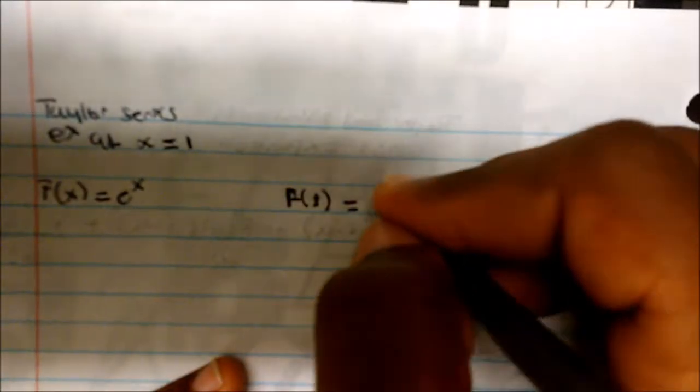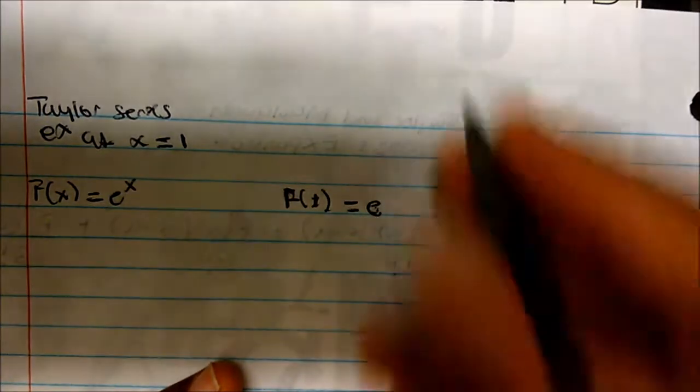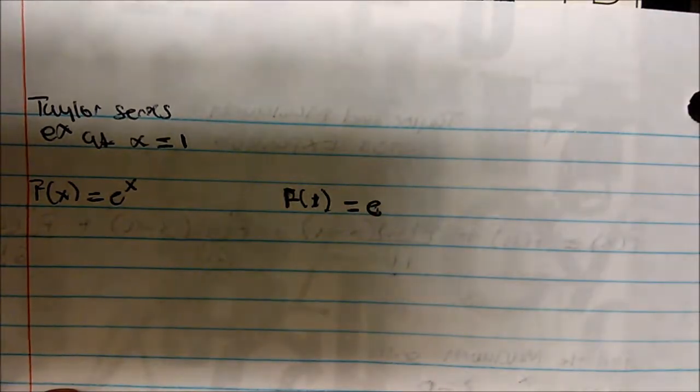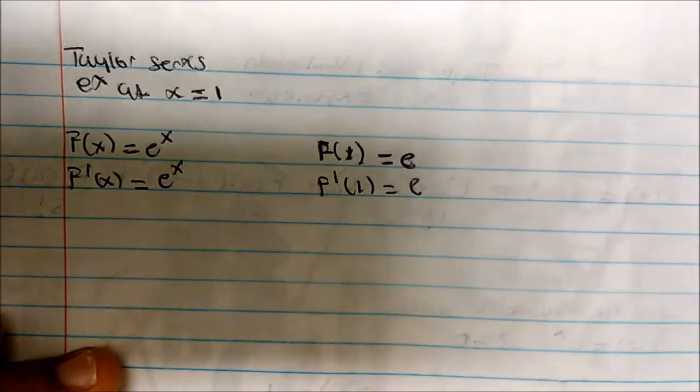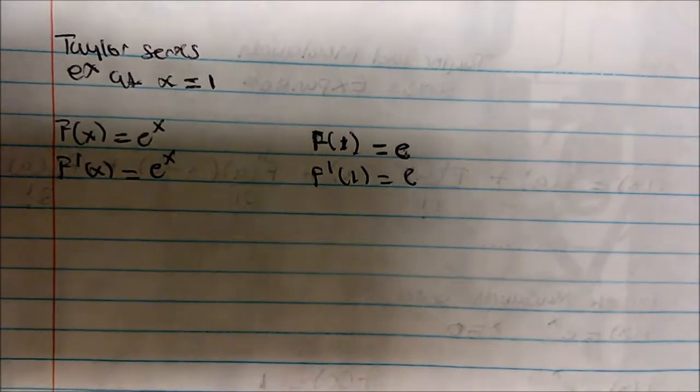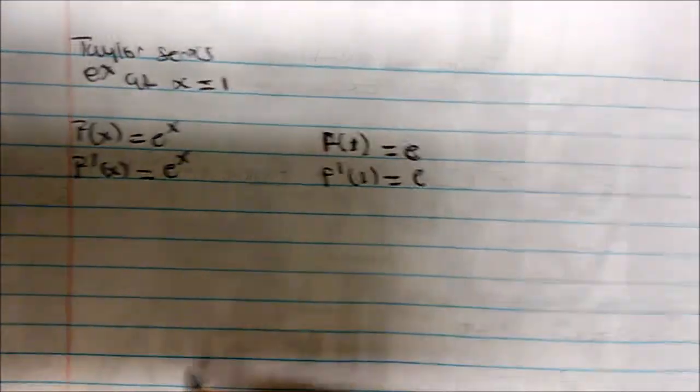So f of 1 happens to be e to the 1, which is just e. f prime of x, the derivative of e to the x, is just e to the x. f prime of 1, again, happens to be e, because e to the 1 is just e.